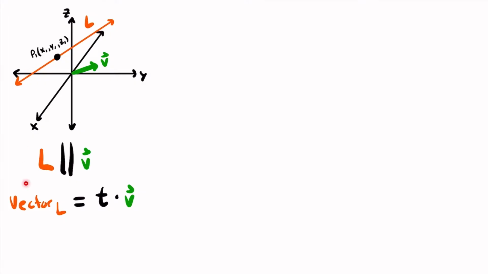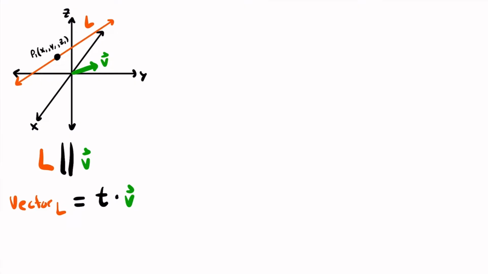What is another way that we could define that vector? Well, remember, we can find a vector using any 2 points. We can connect 2 points and create a vector. So if we want to define a vector along this line, what we should do is use this specified point right here, P1, and then any other point along that line.